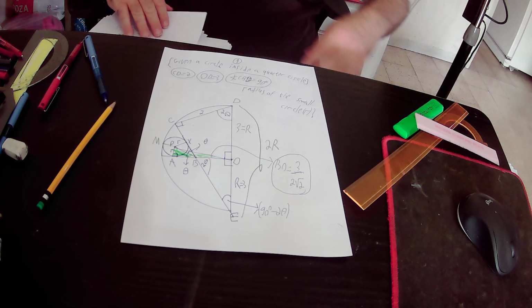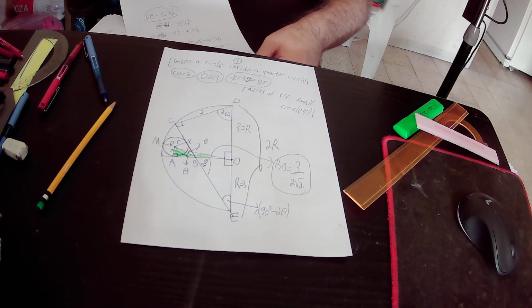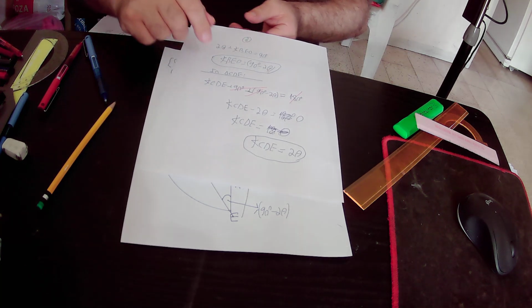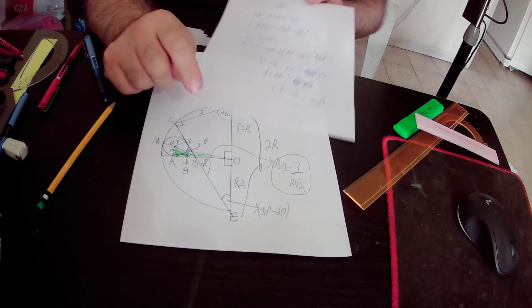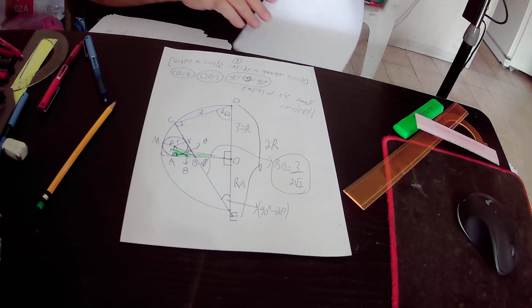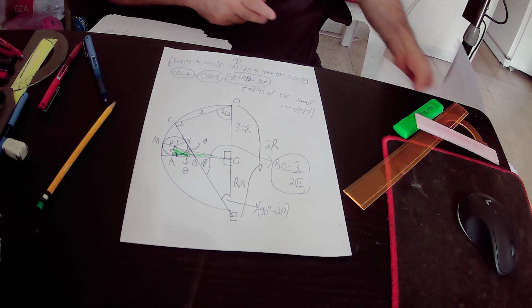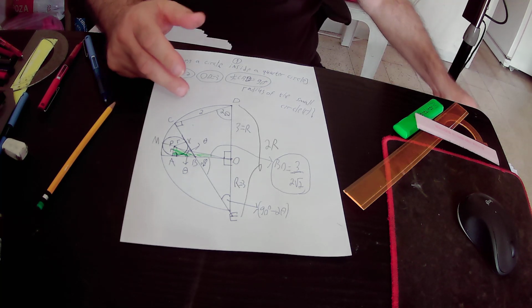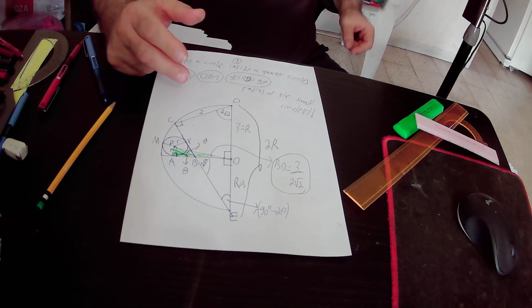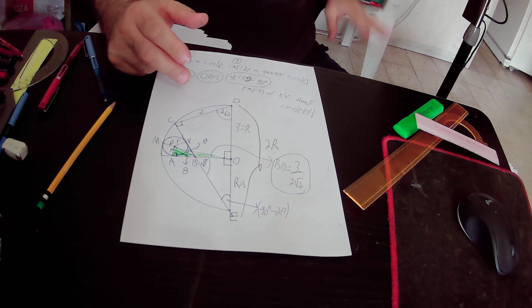Okay, and after we solve this simple equality, we found out that angle CDE equals 2 theta. So triangle CDE is a right triangle, and according to the Pythagorean theorem, the square of the hypotenuse equals the sum of the squares of the perpendicular sides.